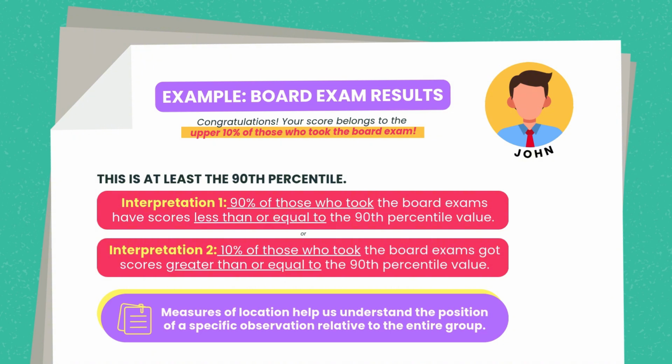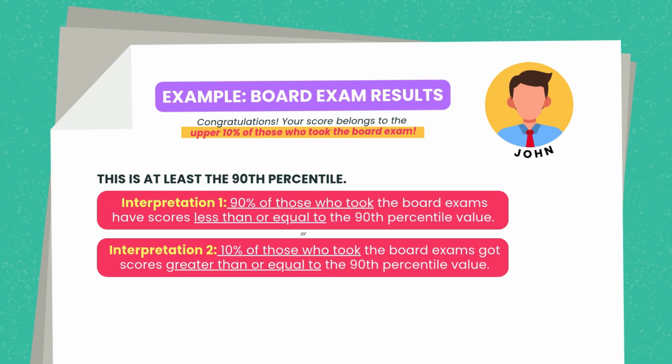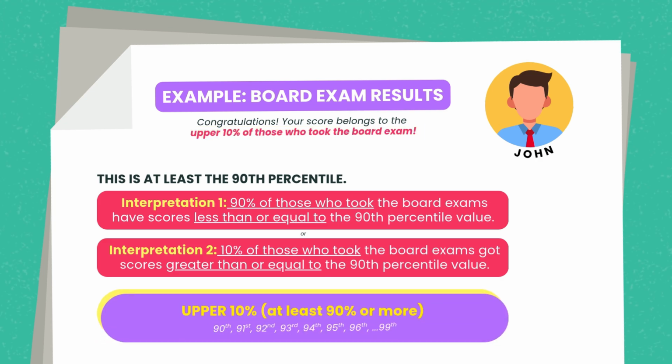Now, what is the meaning of upper 10%? It means that we are looking at least the 90th percentile. It means 90% or more. Meaning, John's score can be in the 90th, 91st, 92nd, 93rd, 94th, 95th, 96th, and so on.